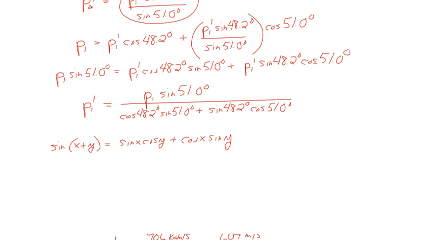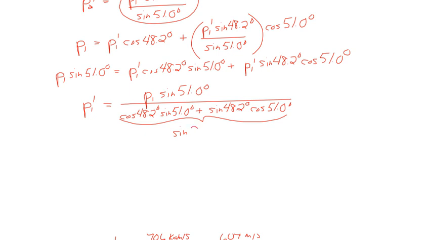What that means is you can take this whole thing, erase the identity here, and replace it with the sine of, if I add those together, I get 99.2.